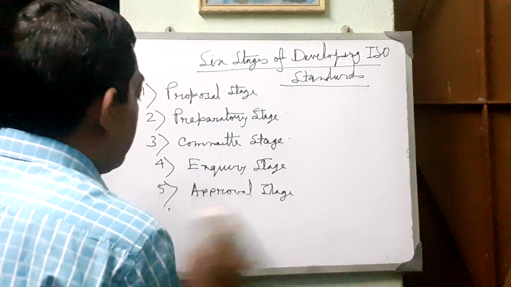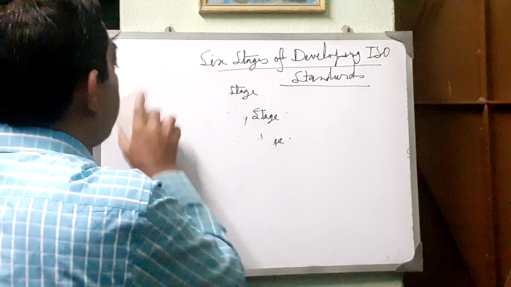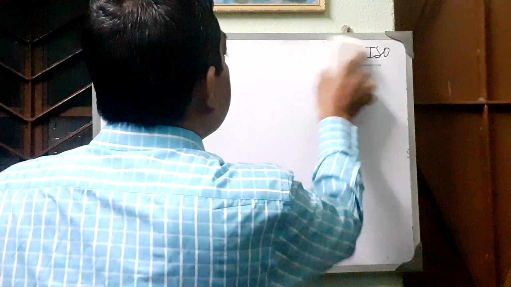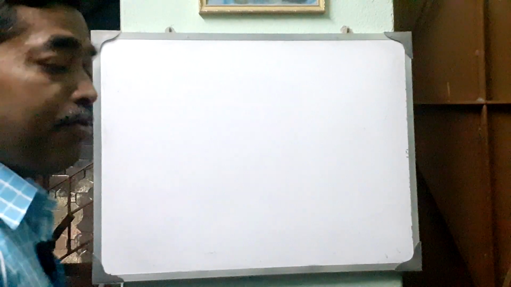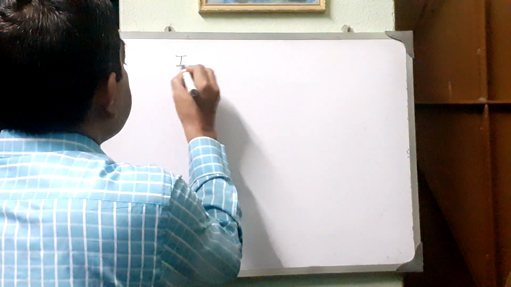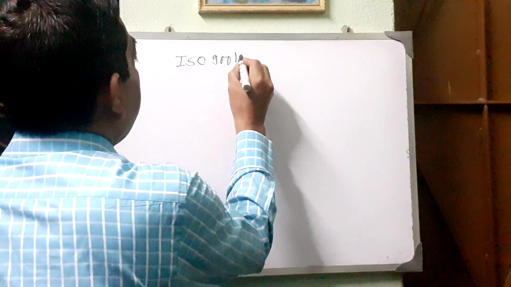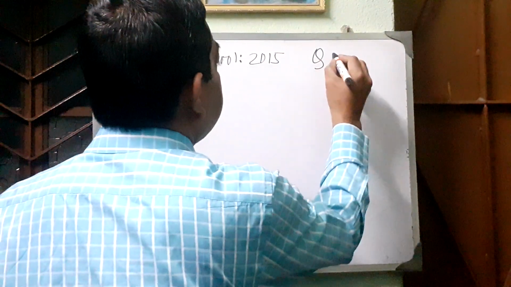There are so many standards in ISO, but we are discussing our relevant field, like the food industry and the dairy industry, where some standards are generally applied. The latest is ISO 9001:2015, the quality management system, QMS.